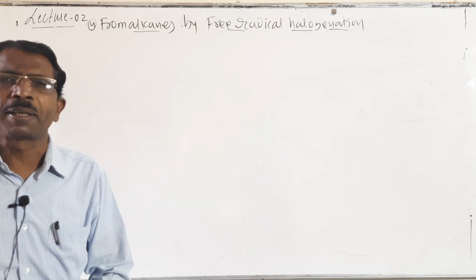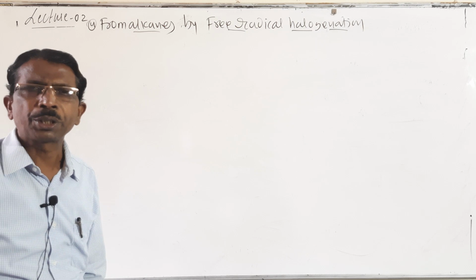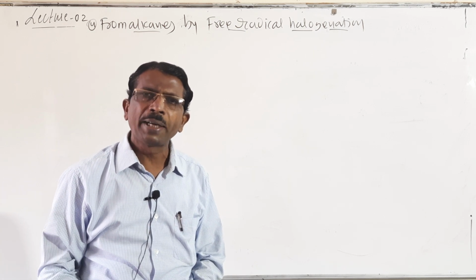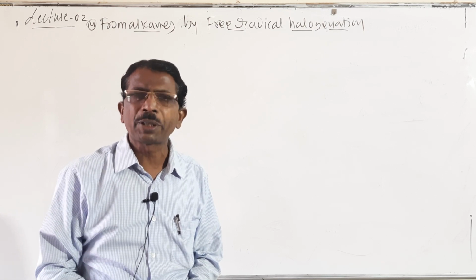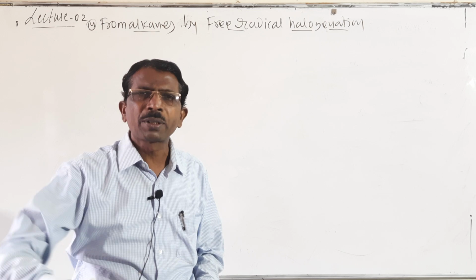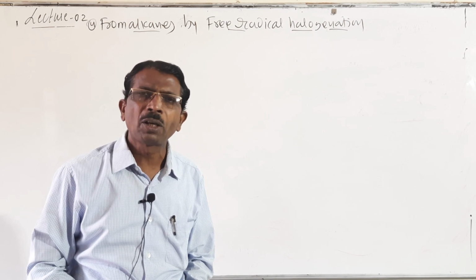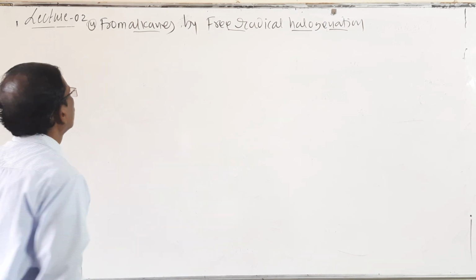It is not a suitable method, but also in practice we are writing yes, free radical halogenation. So what happens here? When alkanes are treated with chlorine or bromine in presence of light, or when it is heated to high temperature, it gives a mixture of isomeric mono and polyhaloalkanes.